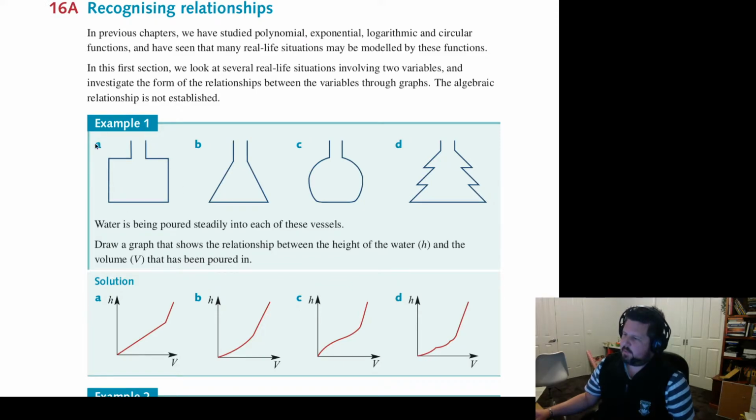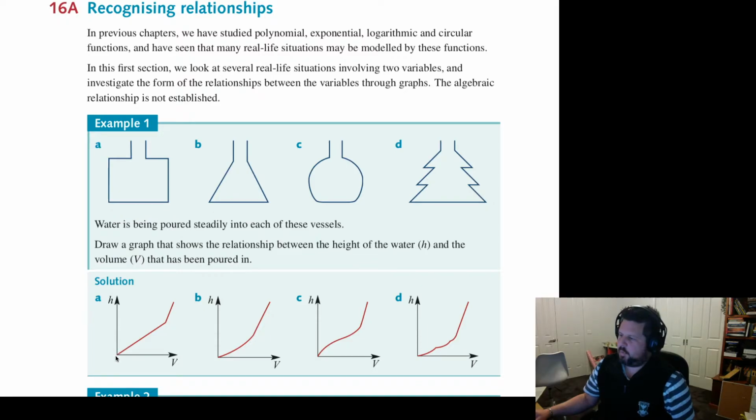So with vessel A here, you'll notice that it's the same width as we're going along. When we pour the water in, it's going to be going up at a constant, steady rate. And once it heads up to the neck, obviously it's not as wide, so it's going to go up quite dramatically at the end there.